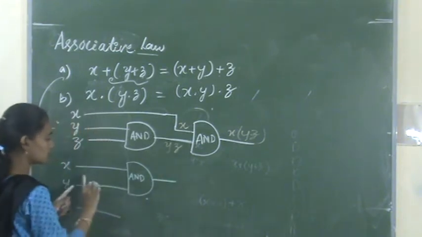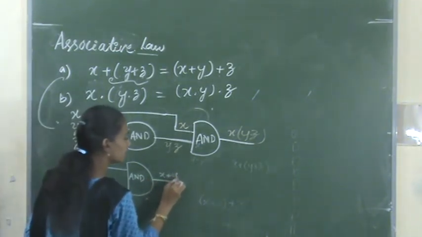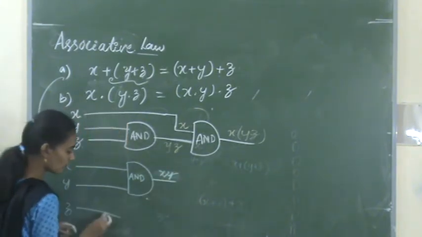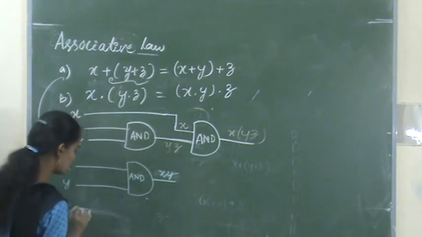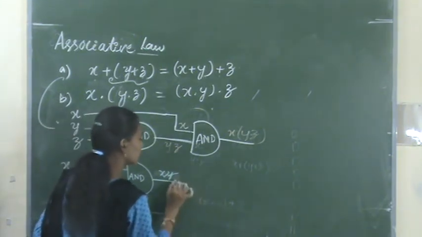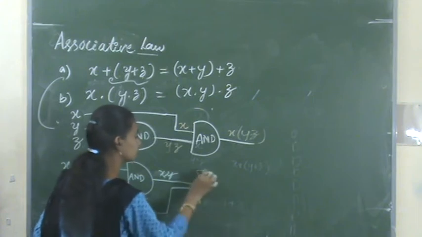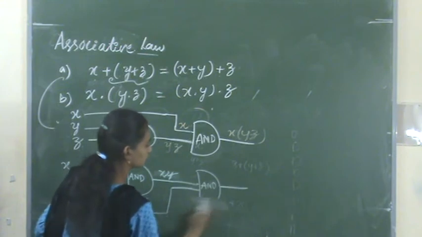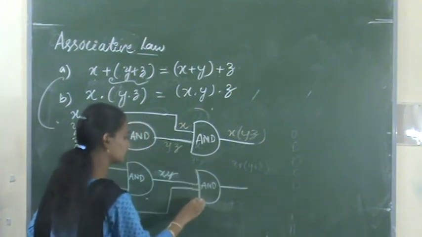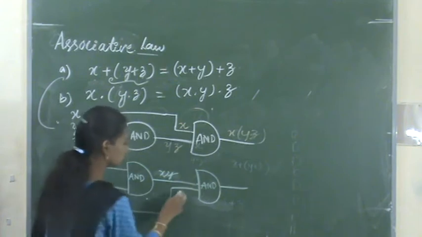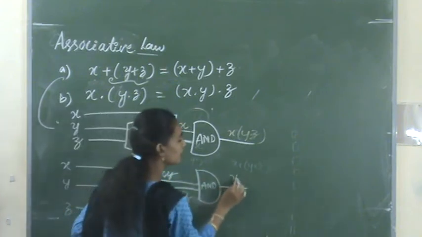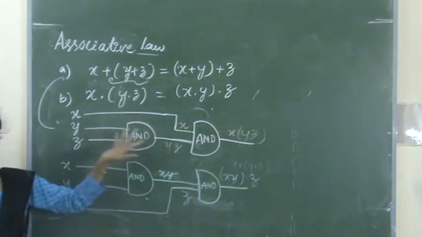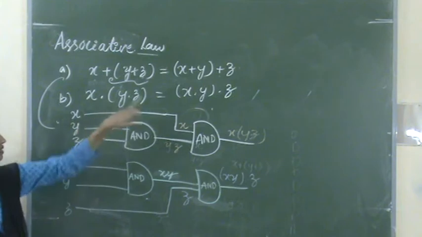X and Y. So now the result will be X into Y. So the result of this will be put through the AND operation with Z. So the result will be X into Y into Z. So like this we are representing the circuit for this theorem.